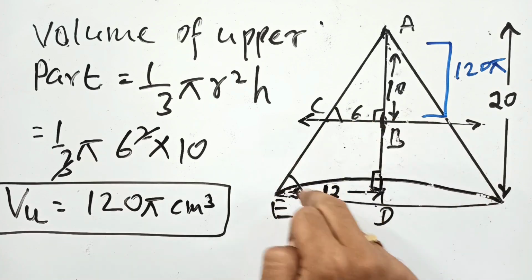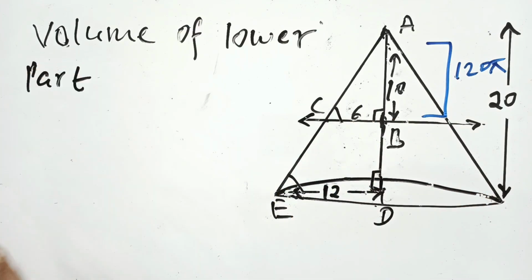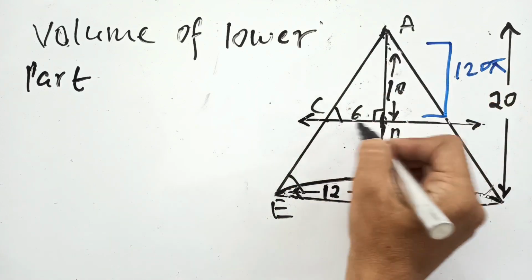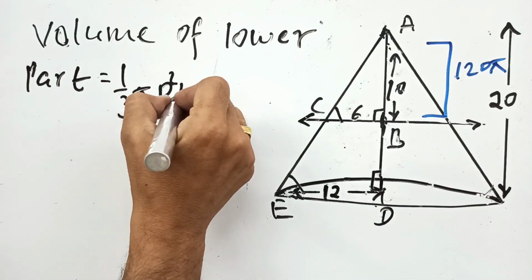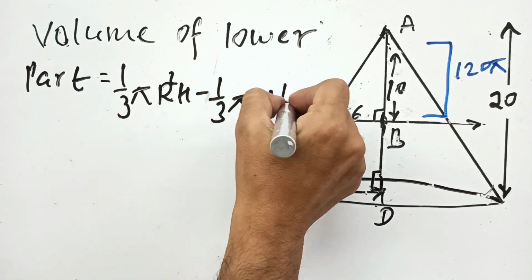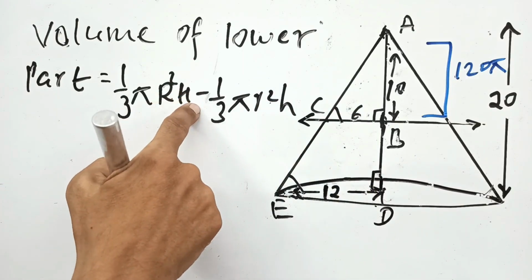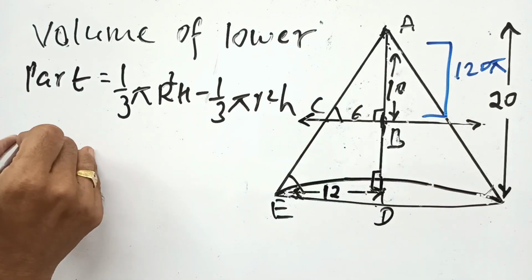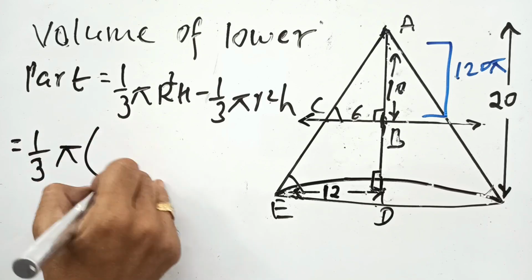Now let us find out the volume of the lower part of this cone. Volume of the lower part is the volume of the bigger cone minus the volume of the smaller cone. One upon 3 pi capital R square capital H, and this is small r square small h for the smaller cone. 1 upon 3 pi is common.